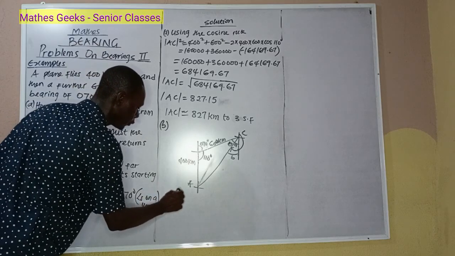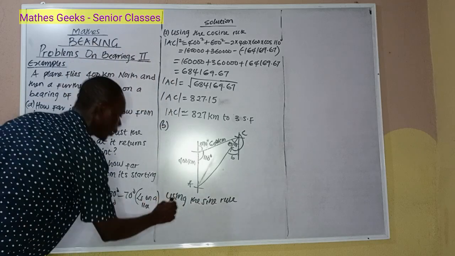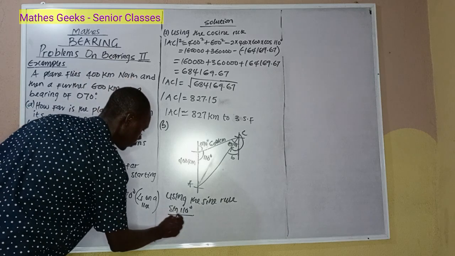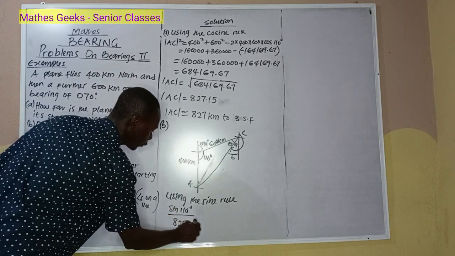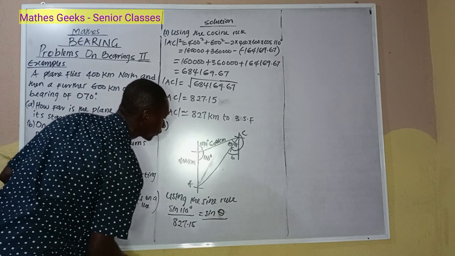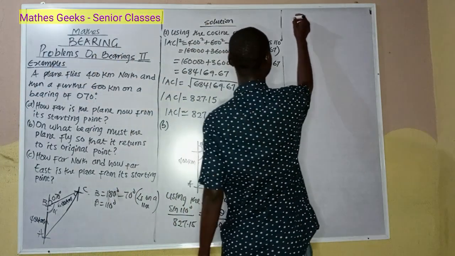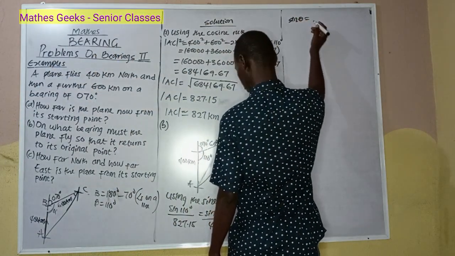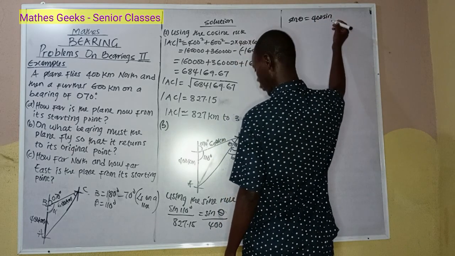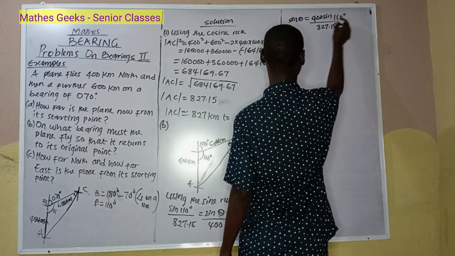Using the sine rule, sine 110 degrees over 827.15 equals sine theta over 400. So sine theta is equal to 400 sine 110 degrees over 827.15.